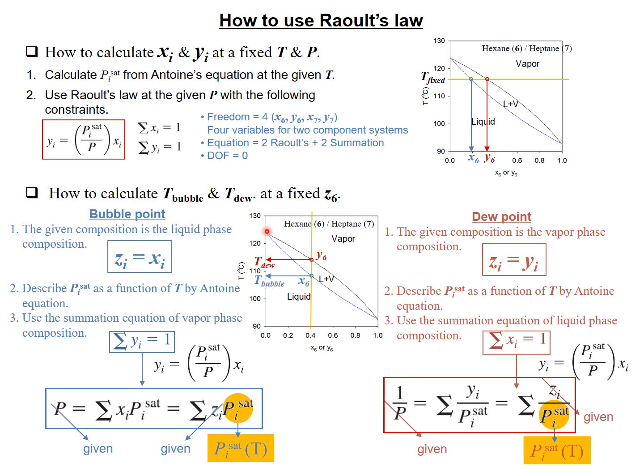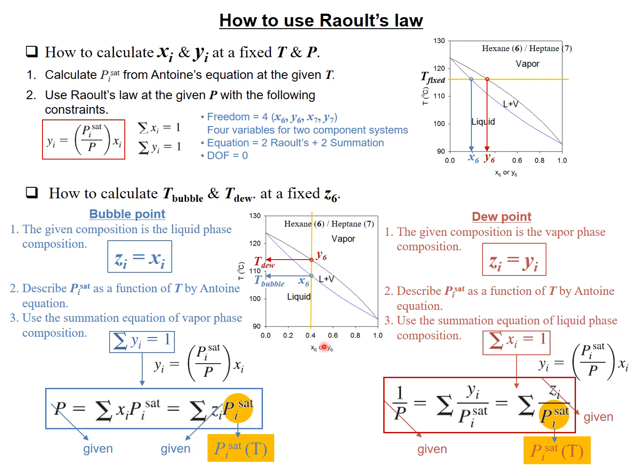Then at these compositions, you could calculate the bubble point and you could calculate the dew point. Of course, if you have this diagram, you could easily find the dew point and bubble point at a fixed composition.